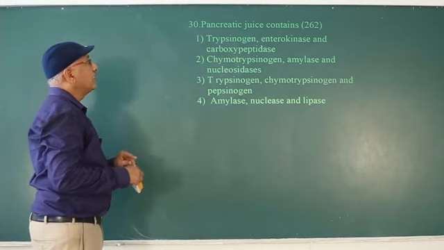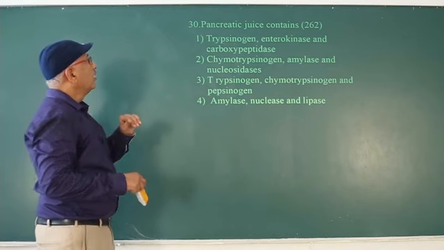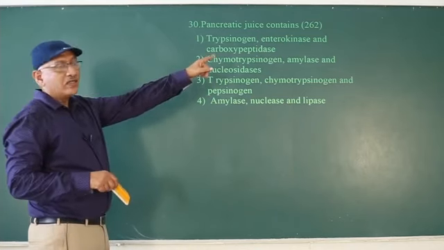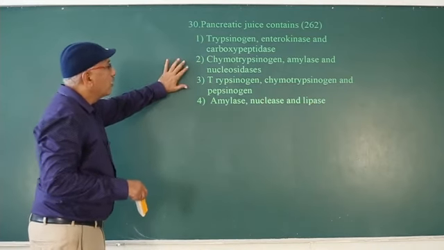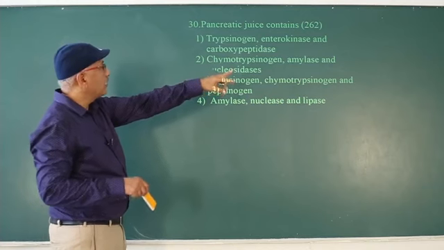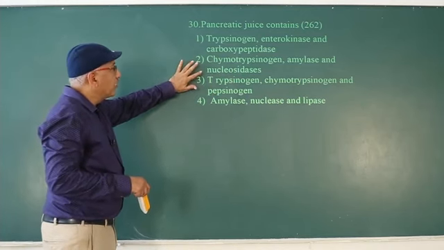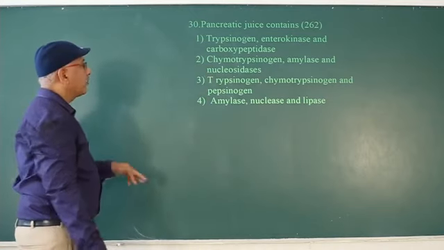Pancreatic juice contains... you have to remember the different enzymes. Trypsinogen, enterokinase is an enzyme present in intestinal juice. That's why wrong. Chymotrypsinogen, amylase, pancreatic amylase, nucleosidases given, nucleotidases. So due to nucleosidases, not the second option.